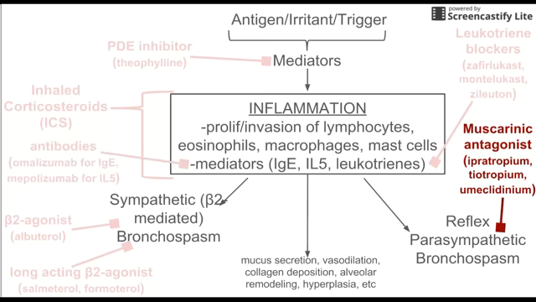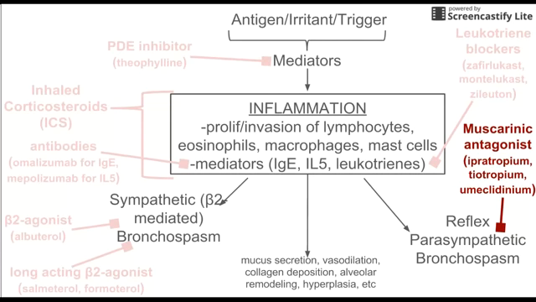And finally are the muscarinic antagonists. This class of drugs involves the reflex parasympathetic bronchospasm. The bronchospasm that contributes to many of the symptoms of asthma is activated by the parasympathetic nervous system. The parasympathetic nervous system, of course, requires the use of acetylcholine to activate the cholinergic muscarinic receptors.